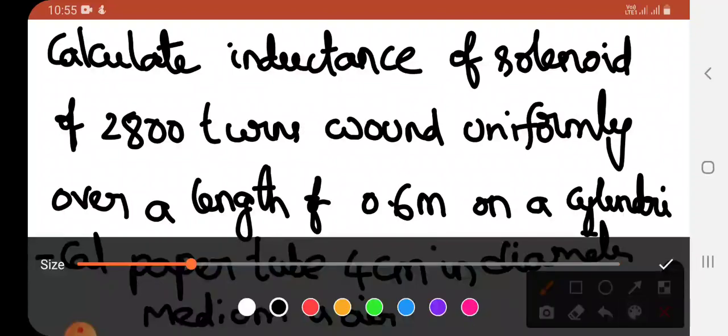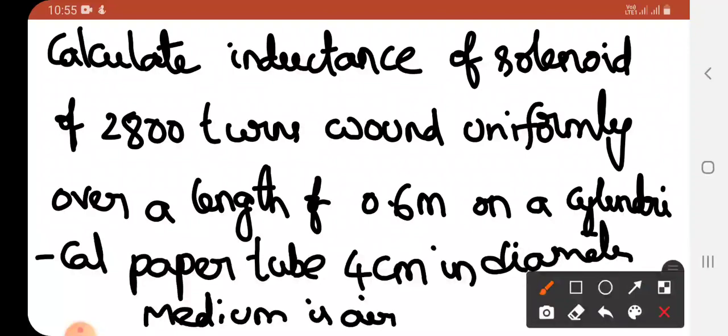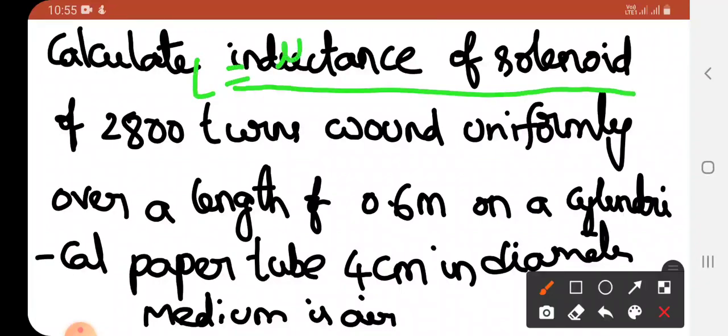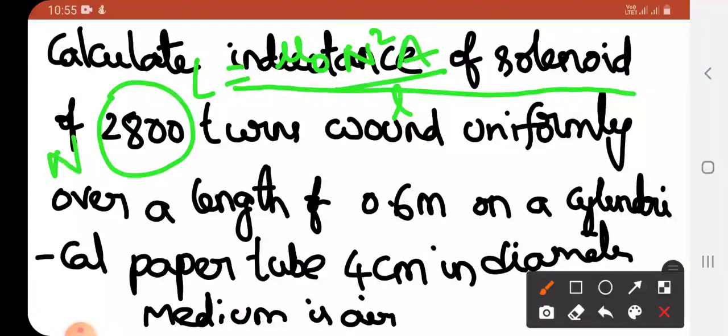In the problem, what are the values given? He asks to find the inductance of the solenoid, that is L. The equation for the inductance of a solenoid is L equal to mu naught N square A by L. He has given the number of turns N, so we know N. Next, uniformly over a length of 0.6 meters, that means the length L is also given.